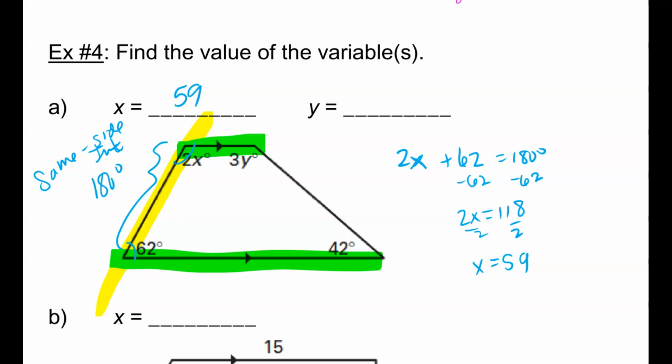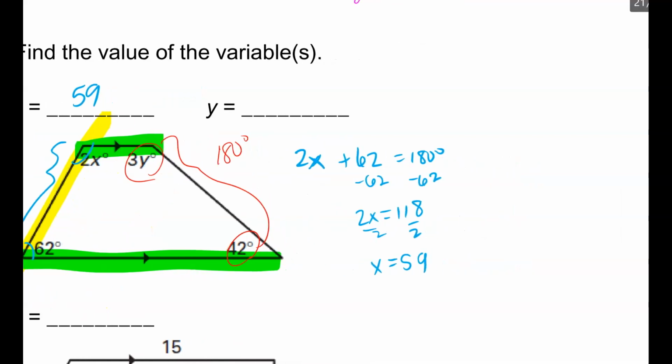So we found the value. X is 59. And then the y over here, these two are also going to be supplementary. They will add up to 180 because they're the same side interior. So I take 3y plus 42 equals 180. Subtract 42 from both sides. 3y is equal to 138.